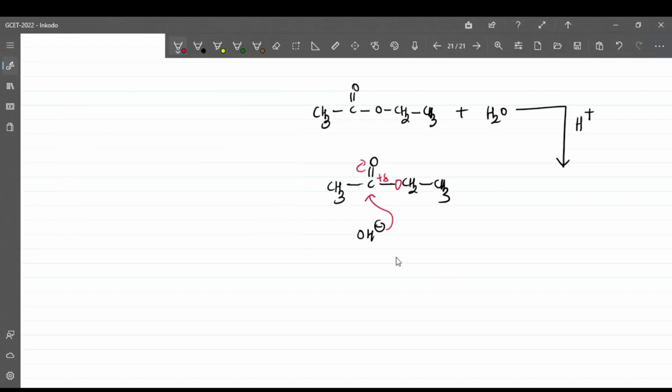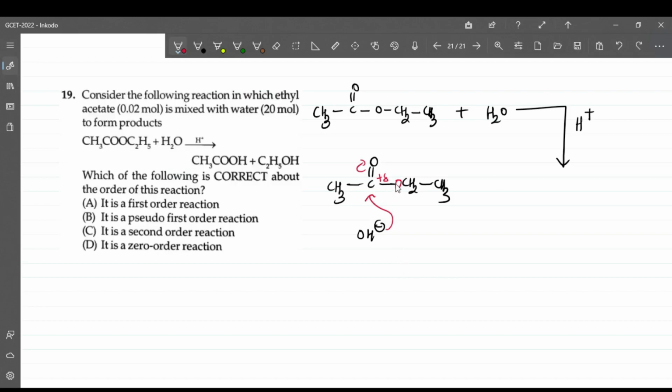Here there is OCH3. So what happens? This pi bond will break first, then this will bond back, and this is the bond which is going to move.